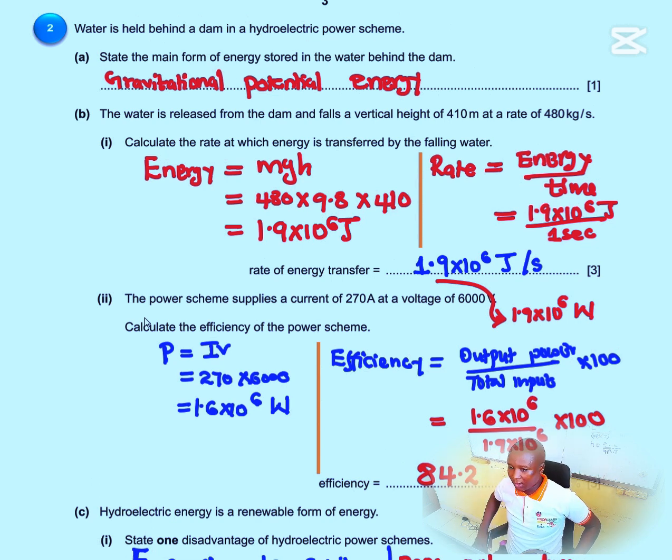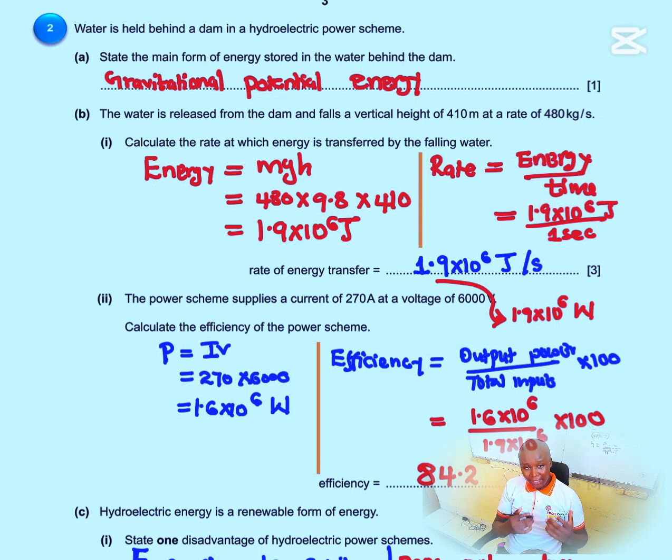In question number 2 we are talking about energy resources, and we are supposed to say the form of energy stored in water when electrical energy, hydroelectric power, is being generated. Remember, most of the time water is trapped in a dam on a raised area. Then that water is released so that it passes through the turbines, and it rotates the turbines so that they generate electricity.